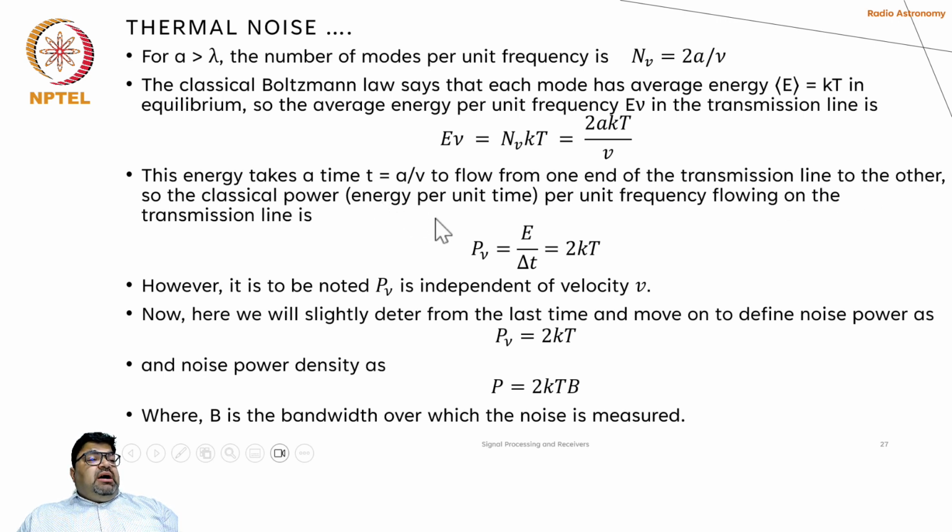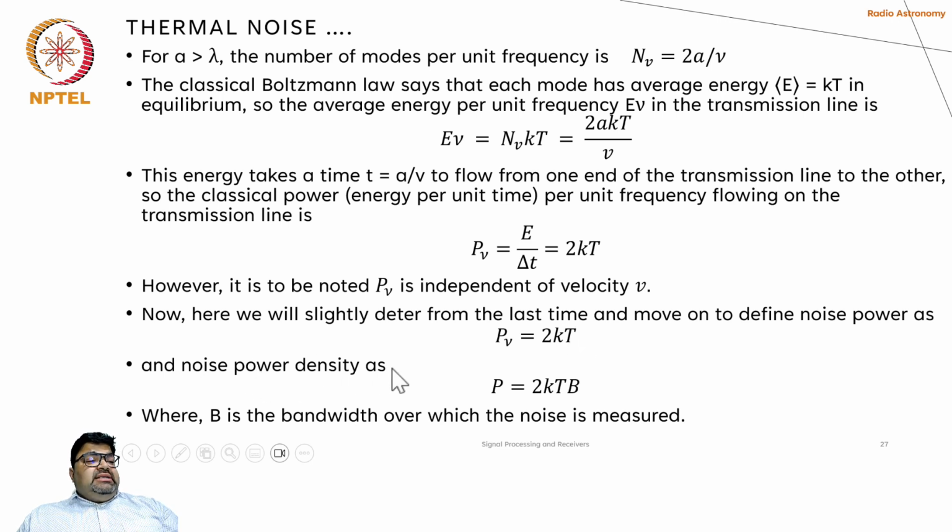So the classical power, energy per unit time per unit frequency, flowing on the transmission line is given by P nu equals energy over delta t, which is the time it takes. That is given by twice kT. However, P nu is also independent of the velocity. So here P nu is given by 2kT.